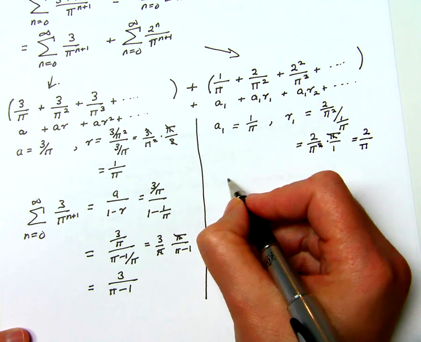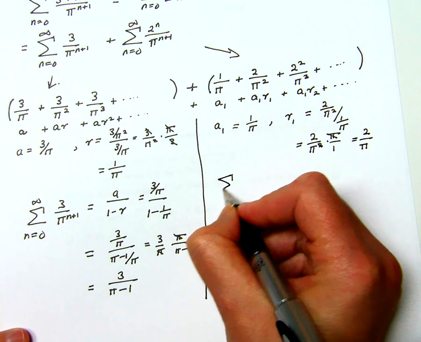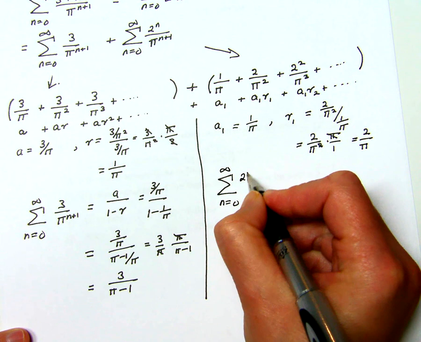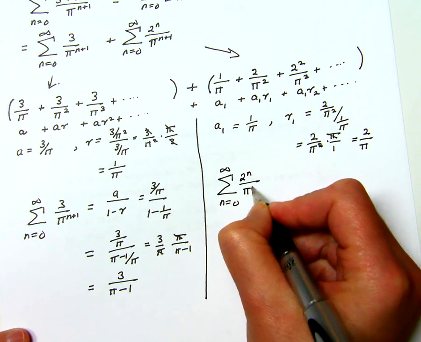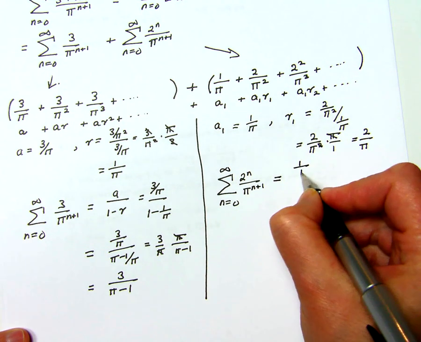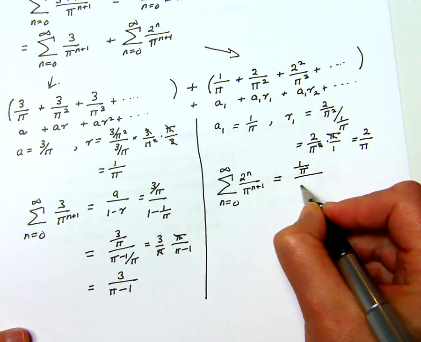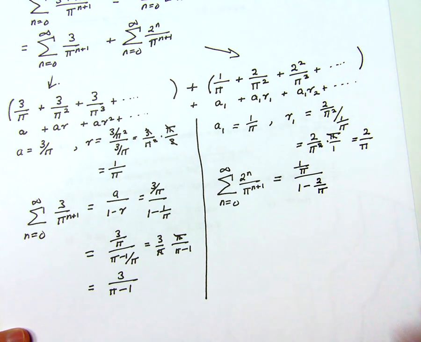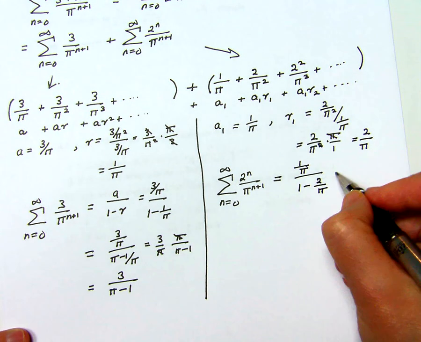And now I have the sum of this series, 2 to the n over pi to the n plus 1, is equal to a, which is 1 over pi, or a1, over 1 minus r1, over 1 minus 2 over pi.